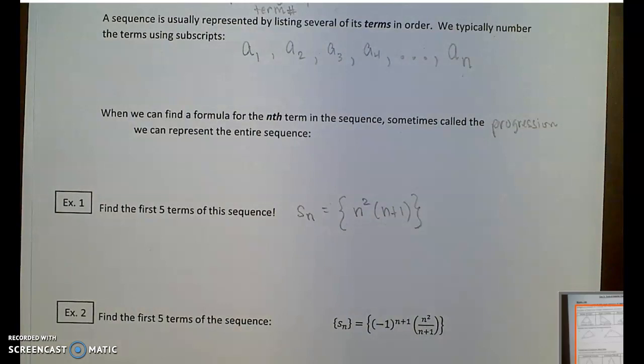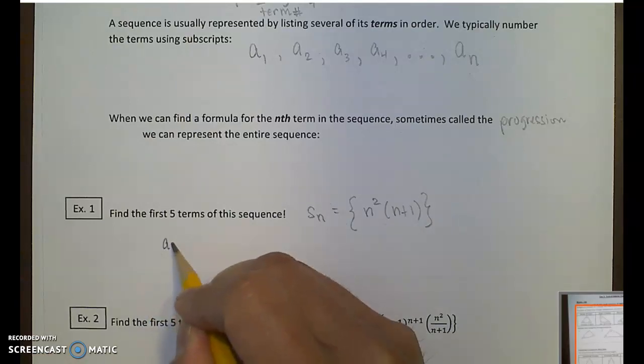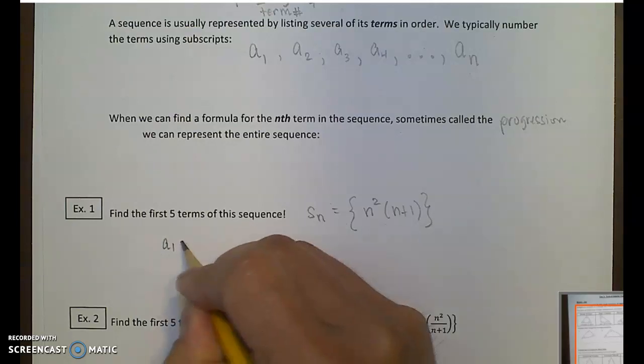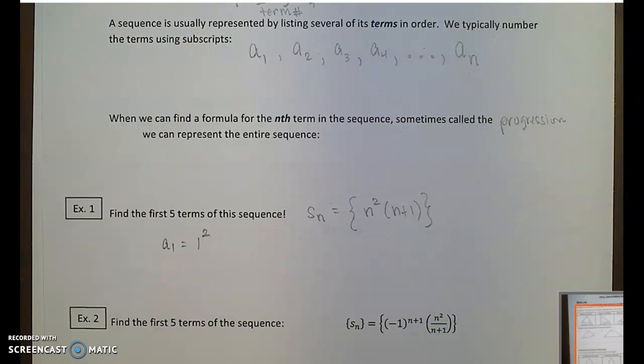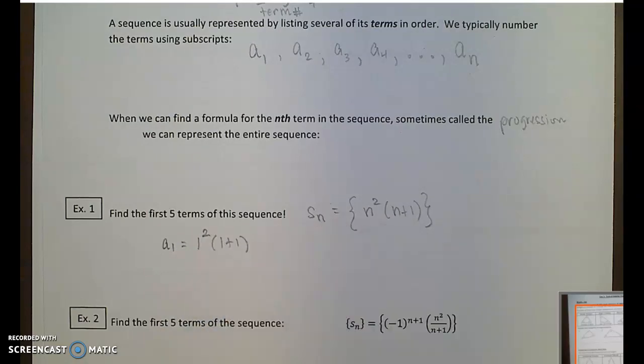Alright, so I'm going to give you some time to try to find the first 5 terms of the sequence, where again n represents the term number. If you want to find the first term, the a sub 1 term, we're going to plug 1 in for n. 1 squared times 1 plus 1.